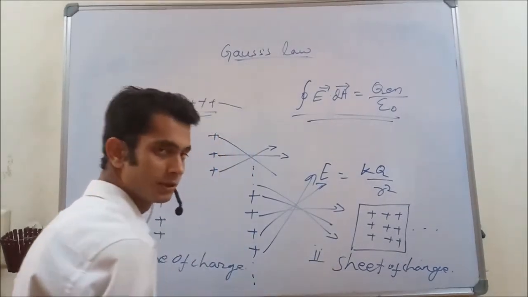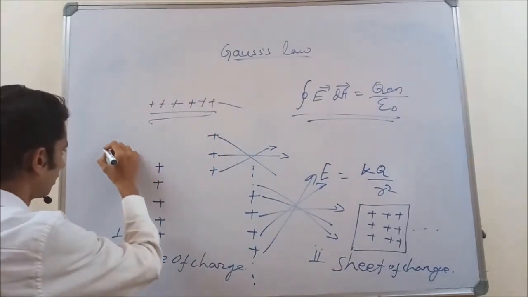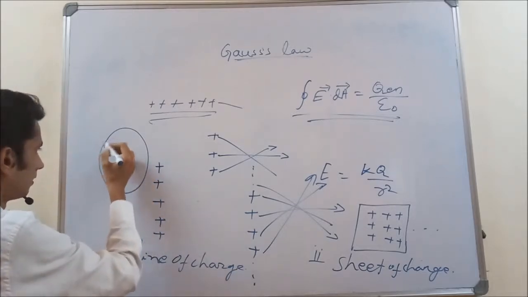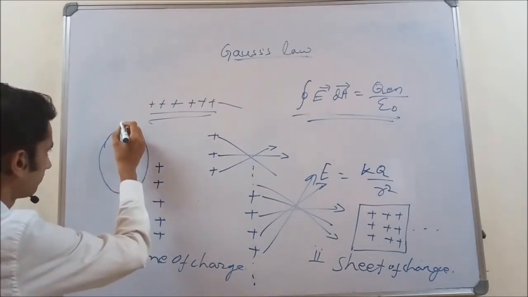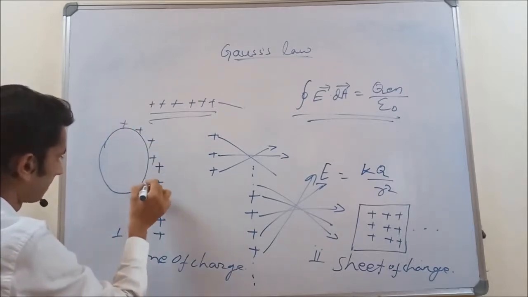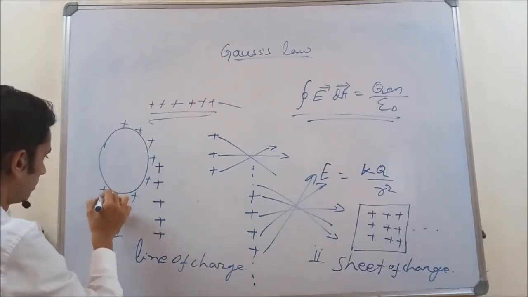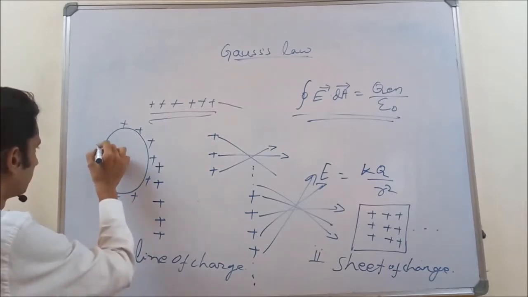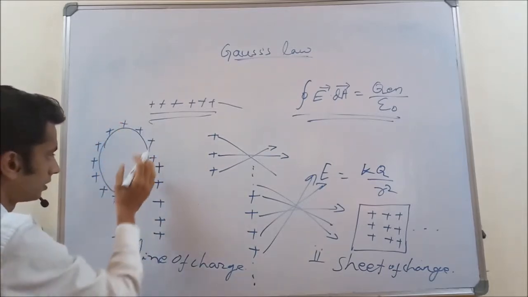And the third situation is if an uncountable number of charges are present on the surface of a sphere and placed in a uniformly distributed manner.